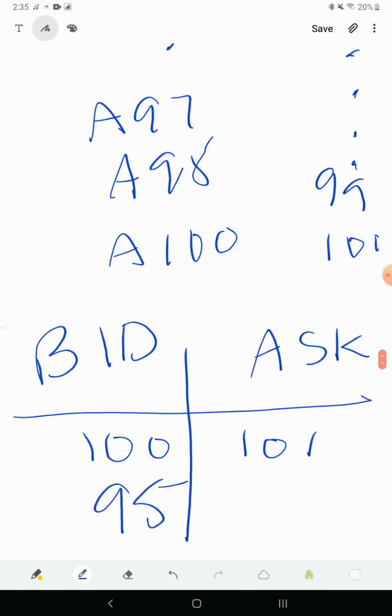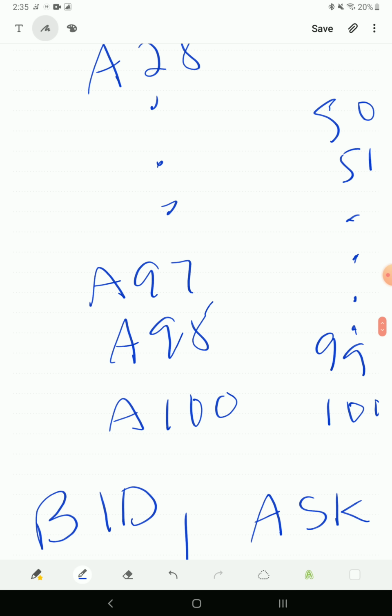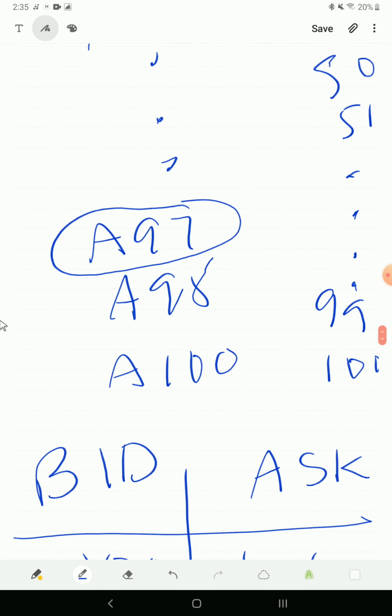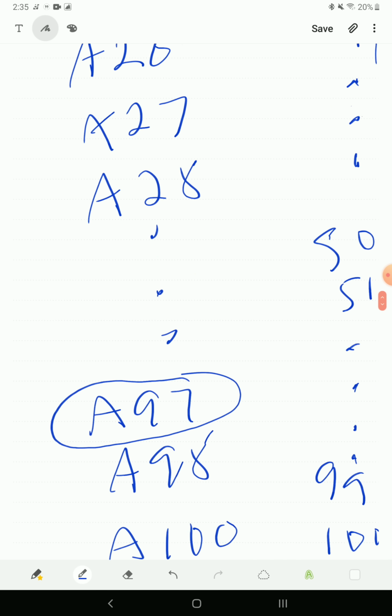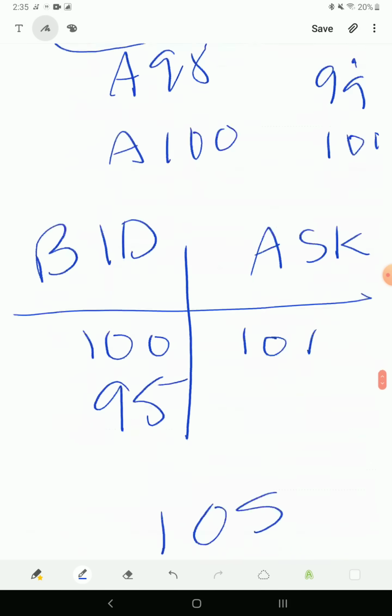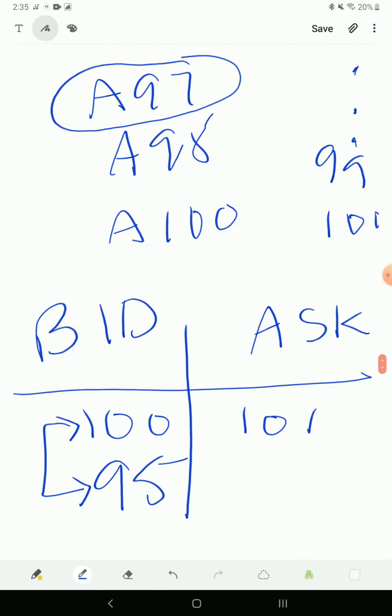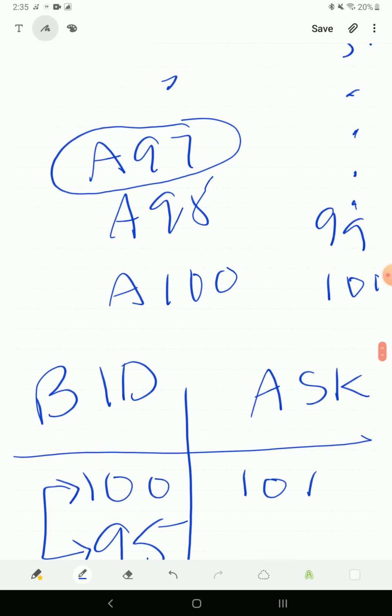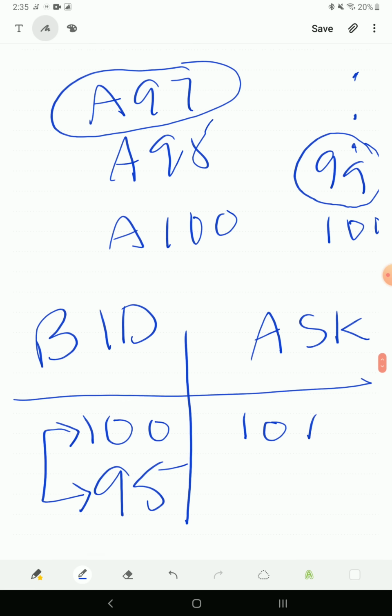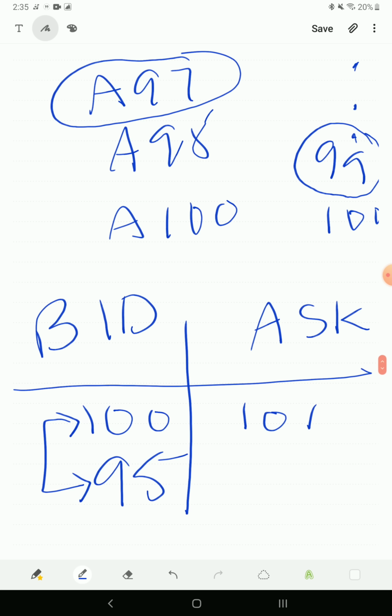But you happen to be one of the 100 people, you're A97. Out of the 100 people here, from A1 to A100, between these two prices there happen to be 99 processes, 99 queues in their system of what needs to be done.